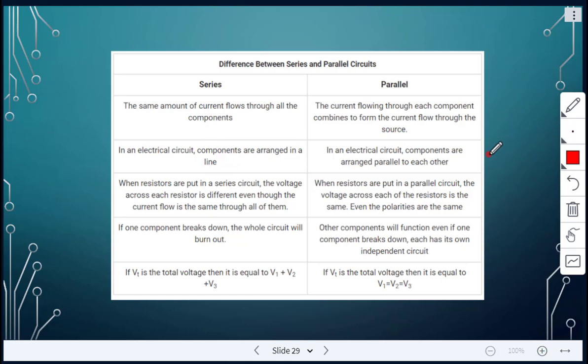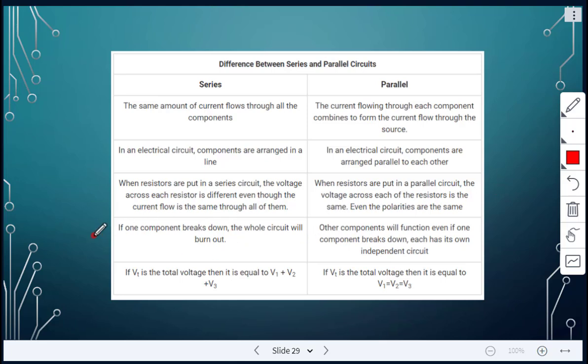In parallel, the components are arranged parallel to each other. When we add resistors in series, the voltage across each resistor is different, even though the current flow is the same. In parallel, the voltage across each of the resistors is the same.